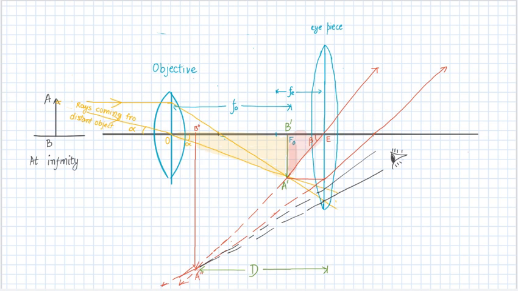For tan alpha, the ratio of the opposite side A dash B dash upon the adjacent side, which is O B dash.